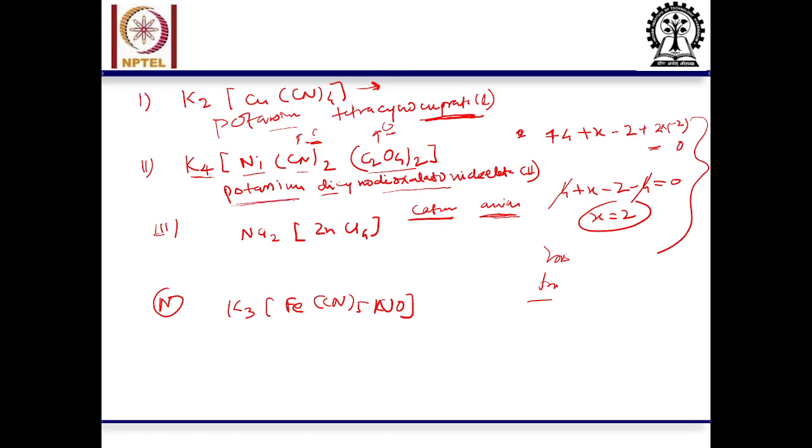Here we have a compound with an anionic coordination sphere. So we write first the cation potassium, then dicyano, dioxalato, nickelate(II). Can you just write in the chat box?